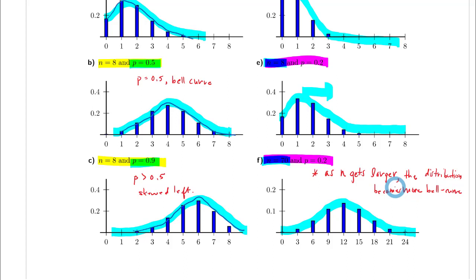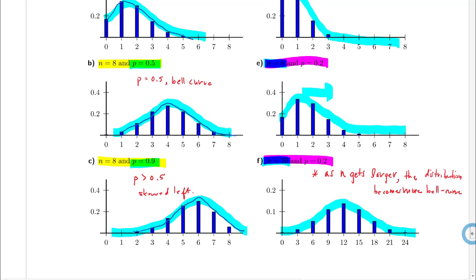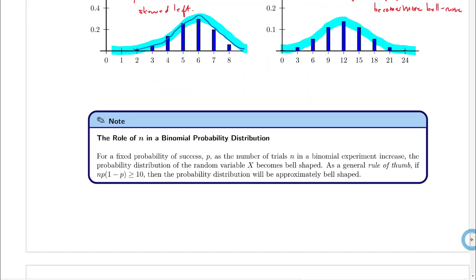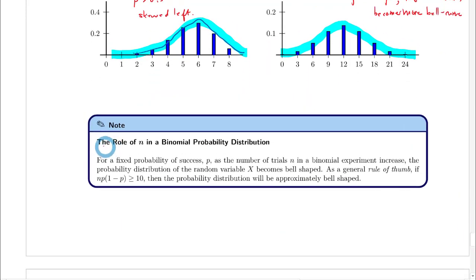And in this case, the probability distribution for binomial experiments becomes more bell curve. This isn't just a coincidence. It's the law of large numbers. So the role of n in a binomial distribution means that as the number of trials n increases, the probability distribution of the random variable becomes bell-shaped.